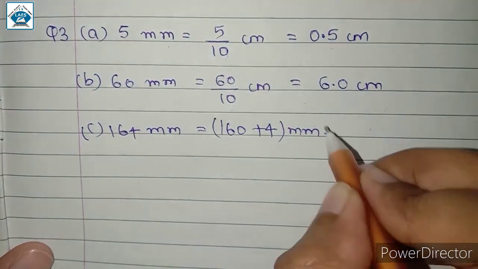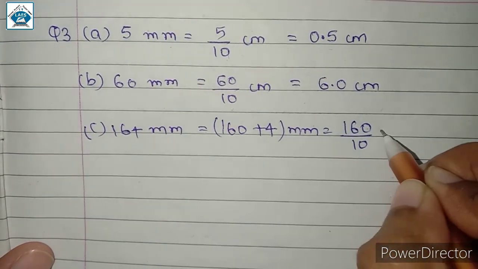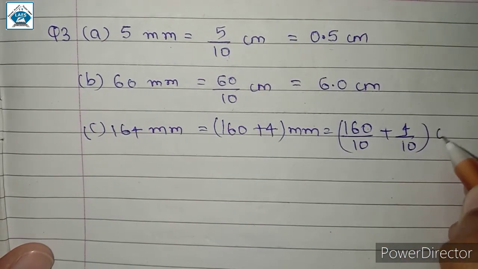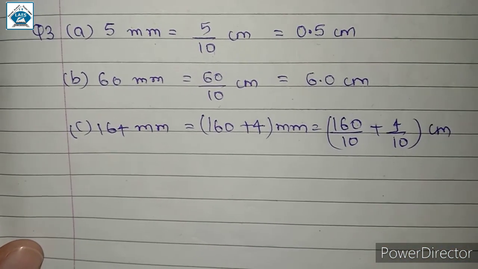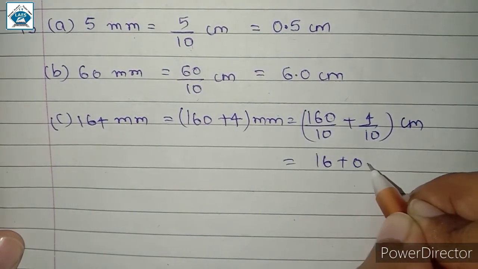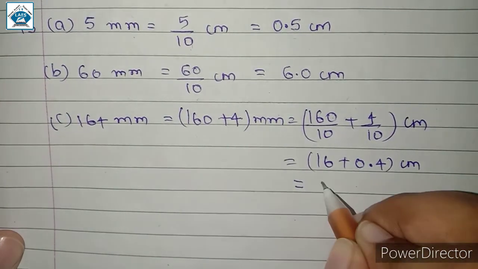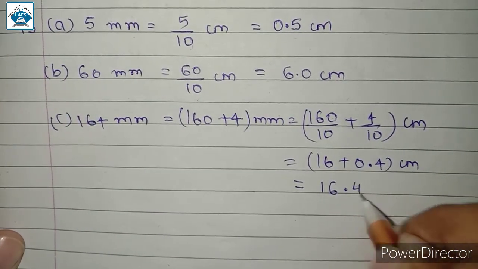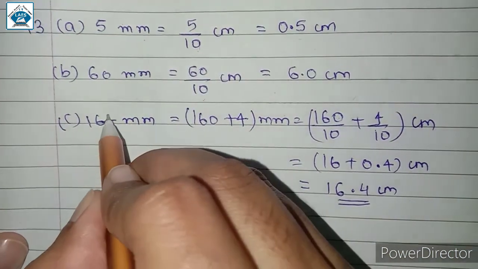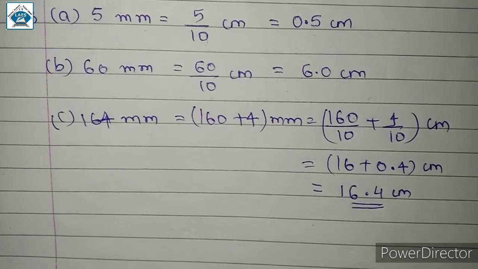To convert into centimeter, it will be 160 divided by 10 plus 4 divided by 10, and now the unit becomes centimeter. Now this is equal to 16 plus 0.4 centimeter. So adding these two, we will get 16.4 centimeters. So here 164 millimeters is equal to 16.4 centimeters.